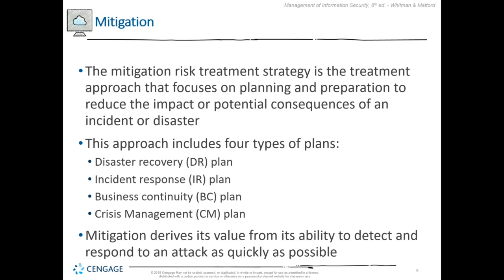Those should spell out what should be done, what must not be done, who is responsible for completing each task, and how we can get recovered. So the value from mitigation comes from fixing the issue and recovering as quickly as possible.